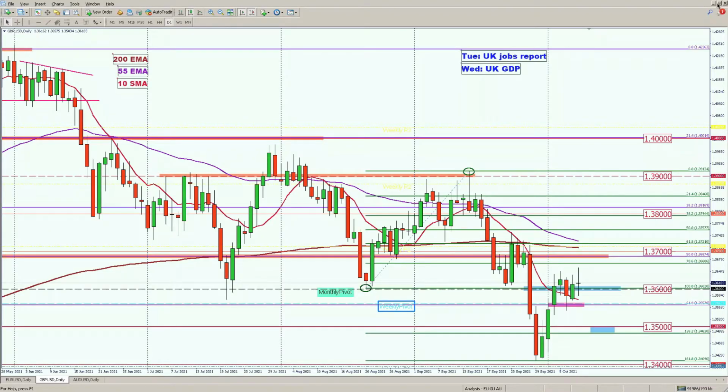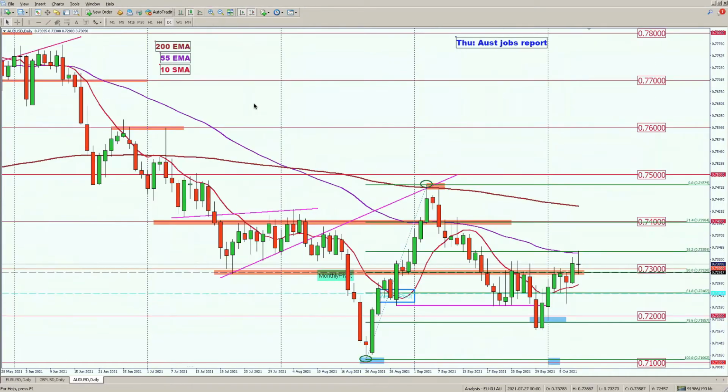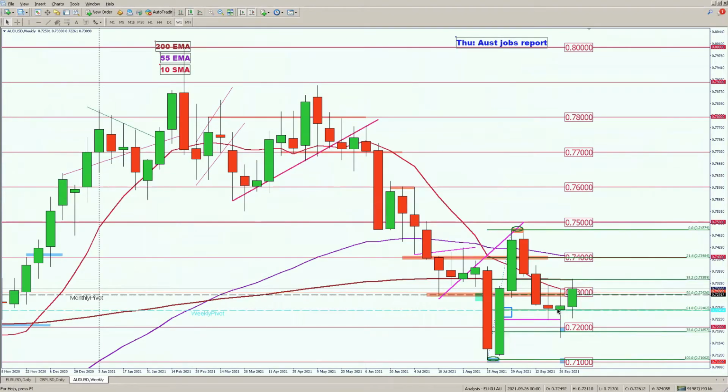All right, let's move on to the Aussie dollar. And the Aussie dollar as well, doing quite all right. And let's take a quick look at the weekly time frame, where it seems to have found some bullish move after a couple of dojis for the last 2 weeks, trying to climb back up above the weekly 200 EMA. So that's a critical one right at the 38 fib retracement.